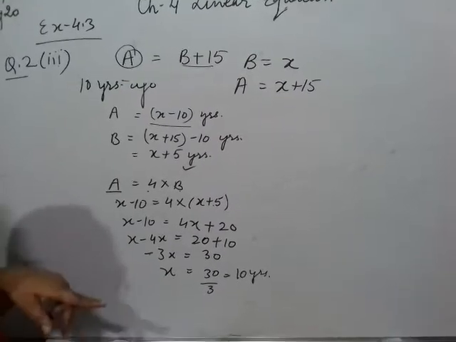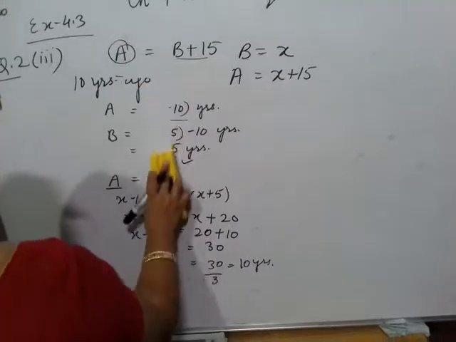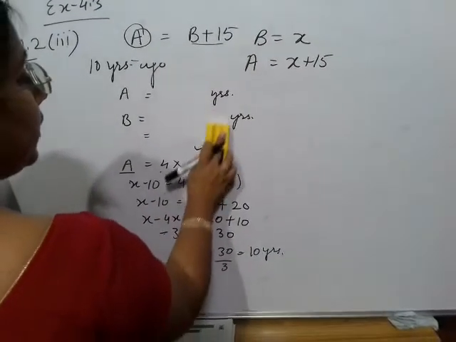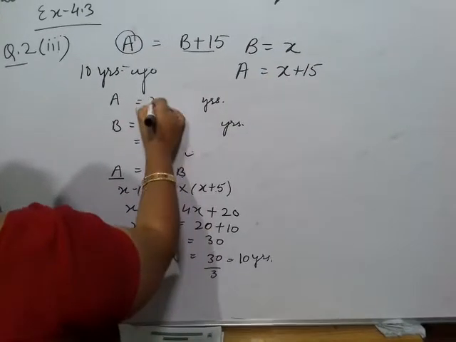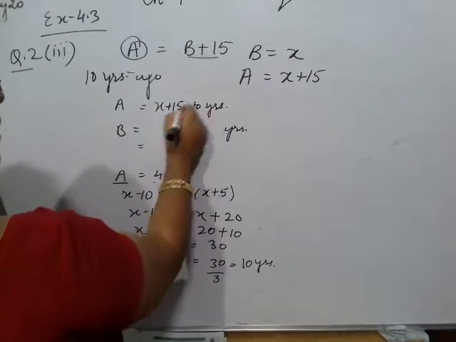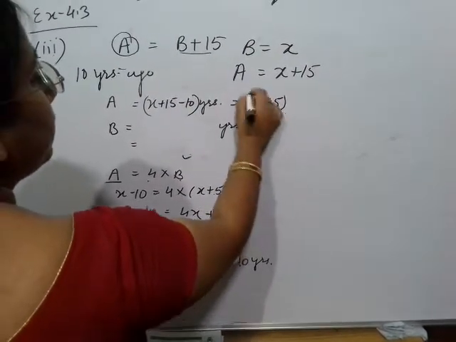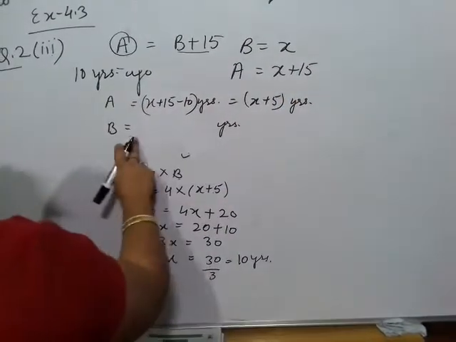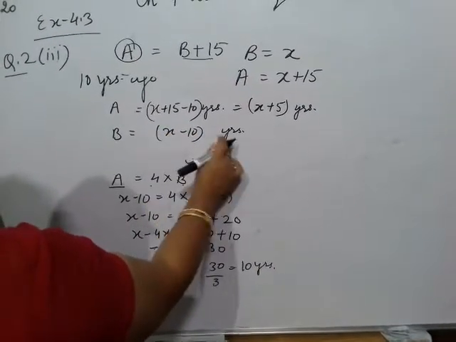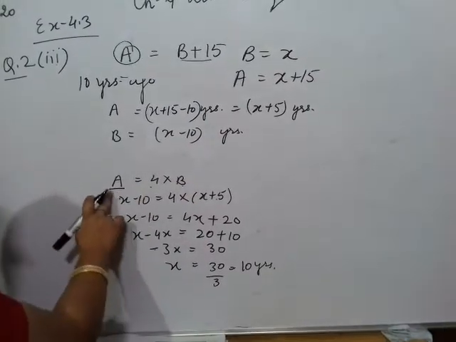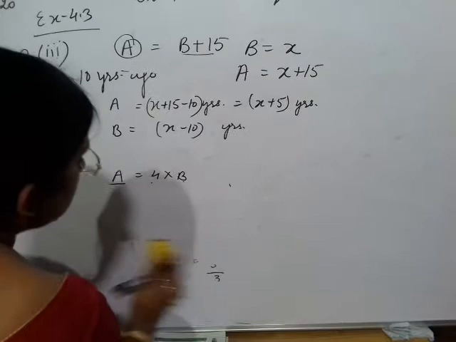So we have to be very careful while writing the ages. The change will occur here. 10 years ago, the age of A, X plus 15 minus 10, that is X plus 5 years, and the age of B will be X minus 10 years. According to the question, A's age is 4 times that of B, so the solution will change.